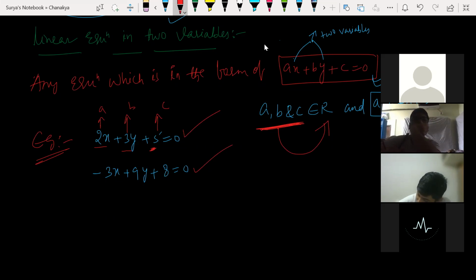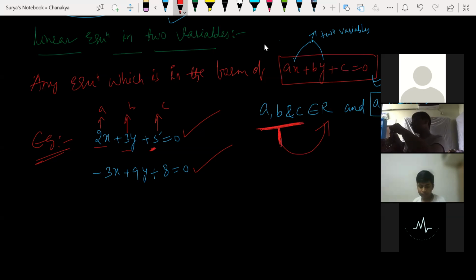I'm just indicating 2, 3, 5 with a, b, c since they are constants. So a, b, c are constants and x and y are variables. That is the difference between abc and xy. a, b, c can also be called variables since they are also alphabets, but I'm using them to indicate constants.